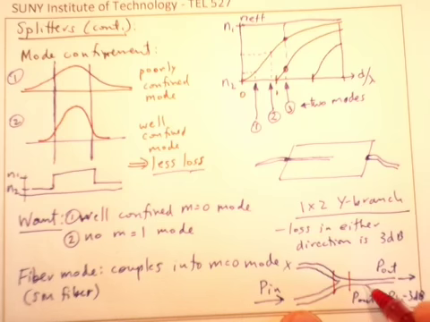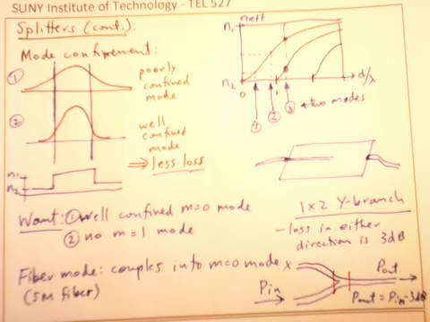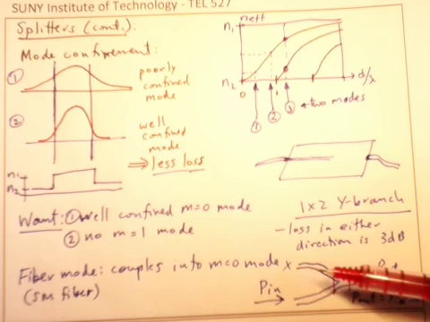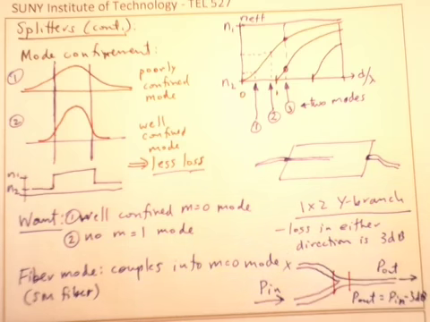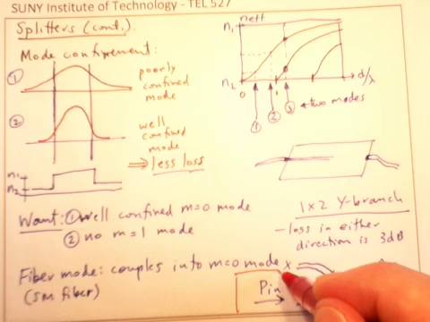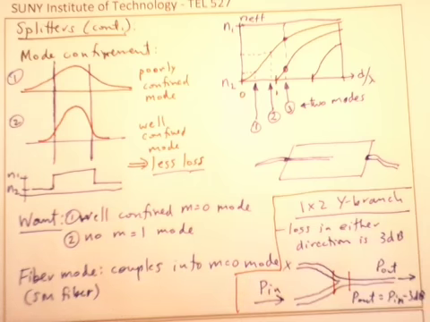And that's a symmetrical situation. If we put in power into the single side, it's going to split off into 3 dB down into each of the 2 sides. So this is an interesting fact about a 1x2 Y branch.